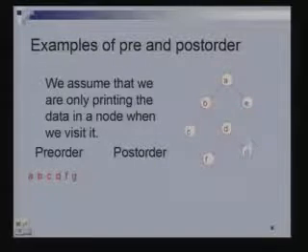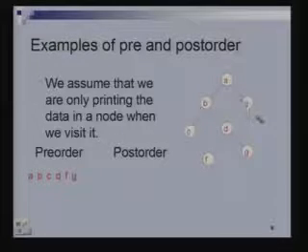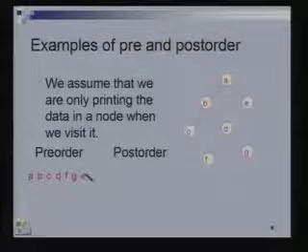Then we go to G, and now we are done with the pre-order traversal of this subtree. So we are done with the left subtree and the right subtree, which means we are done with this entire subtree. So now we would go to the right subtree. The right subtree has only E in it, so we would just print E and be done. This would be the pre-order traversal of this tree.